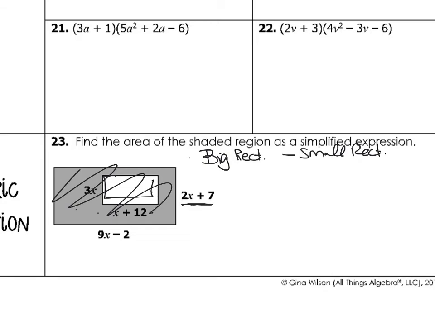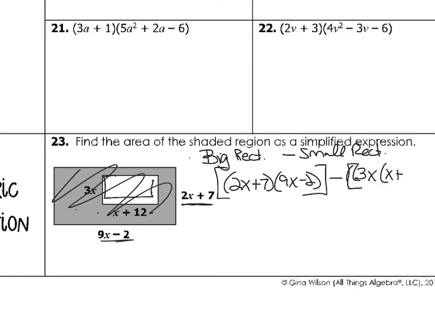So for the big one, length times width. So you're going to do 2x plus 7 times 9x minus 2. All right, you're going to take that, and you're going to subtract 3x times x plus 12.